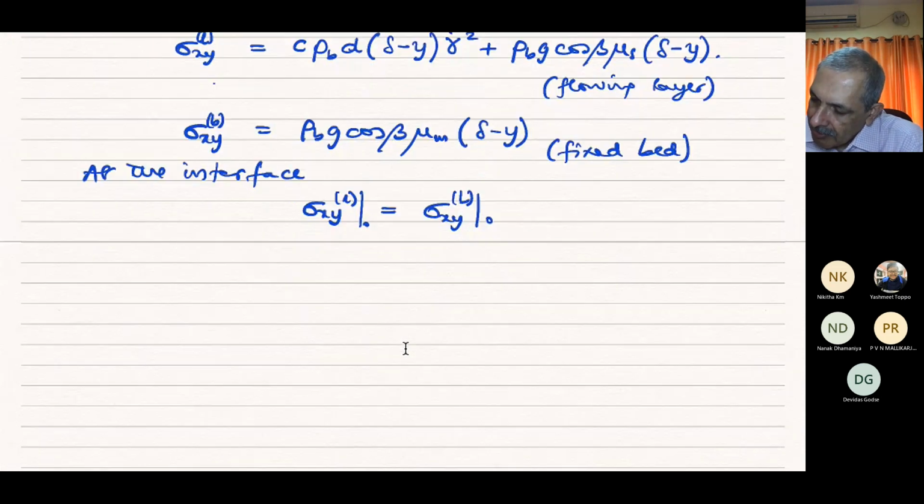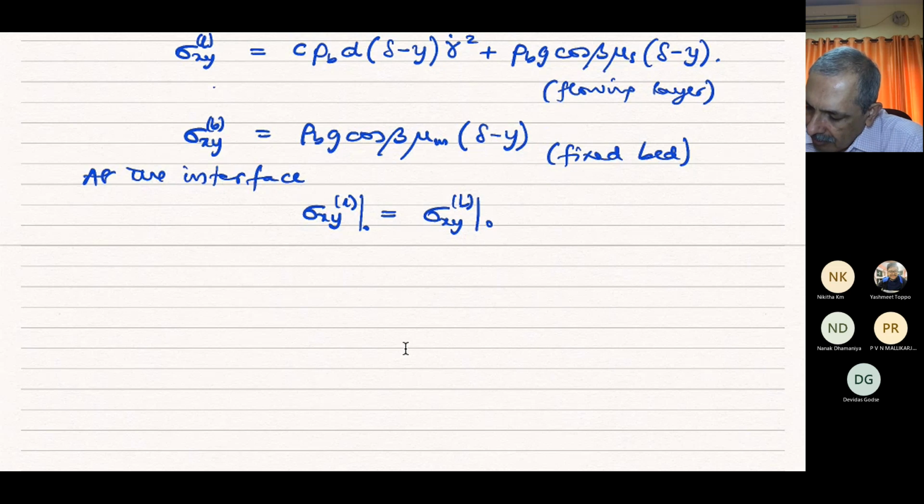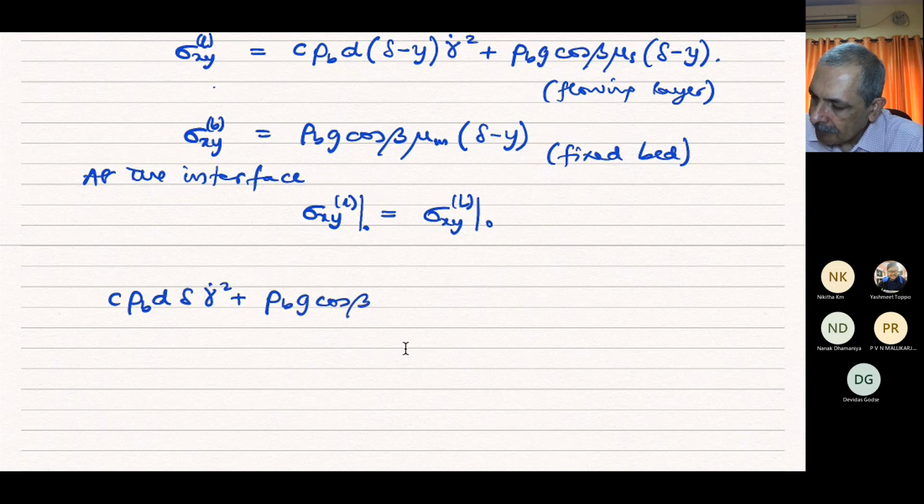So if we do this, then we'll have C rho b d into delta gamma dot squared plus, I put y equal to 0 here, is equal to rho bg cos theta mu m into delta.